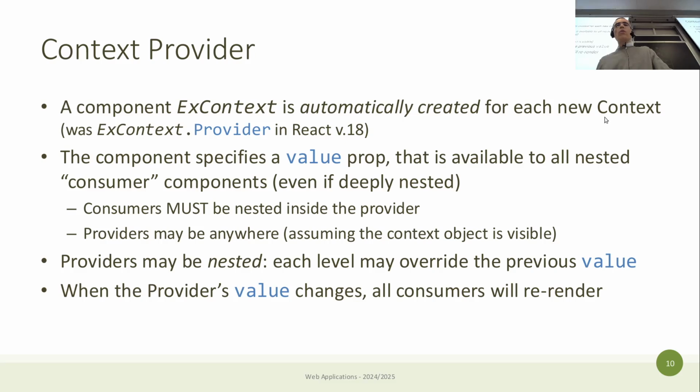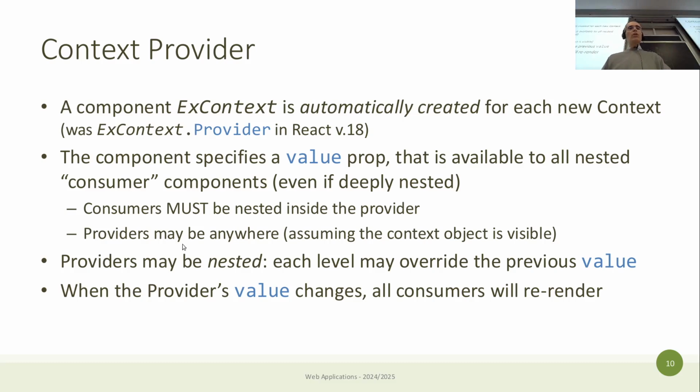So when you create a new context, there are two components which actually don't render in the DOM, but they are React components that are created, the provider and the consumer. When you want to give a value to be used by the context, you need to pass something to the provider.